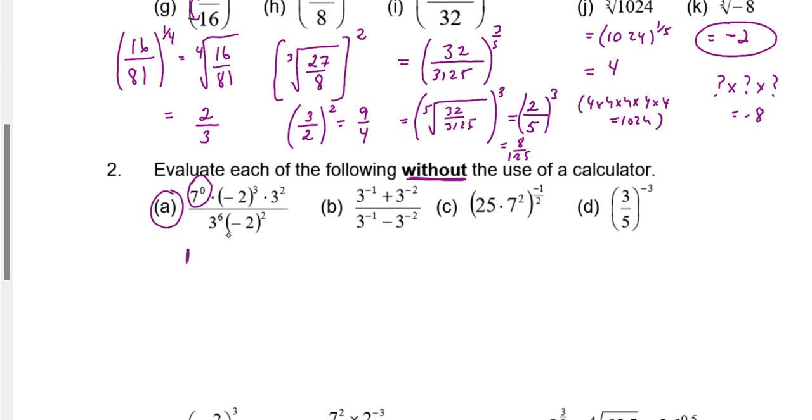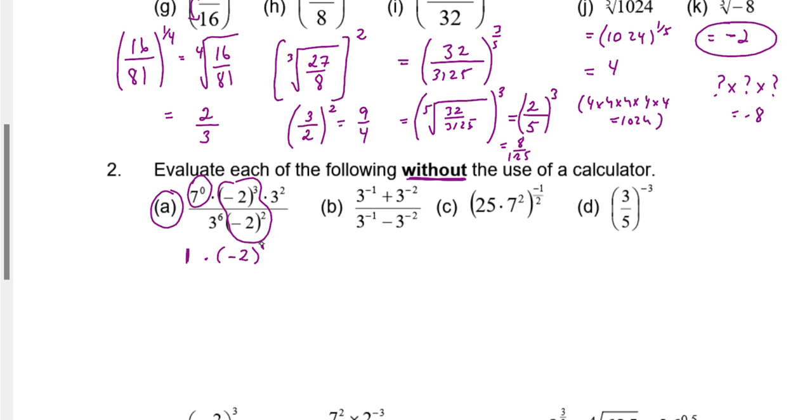We can use exponent rules here as long as the bases are the same. So these terms here both have the same base of negative 2. So let's take care of that one first. So negative 2 is my base. I'm dividing the 2 terms, which means I'm going to subtract the exponents. 3 minus 2 is 1.